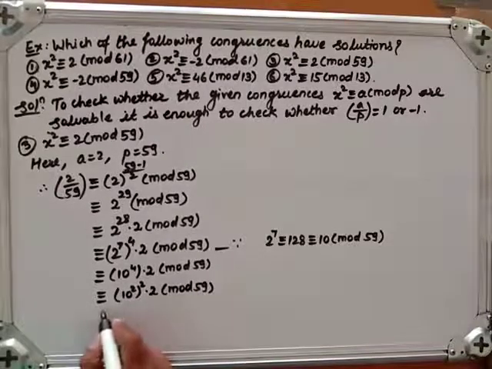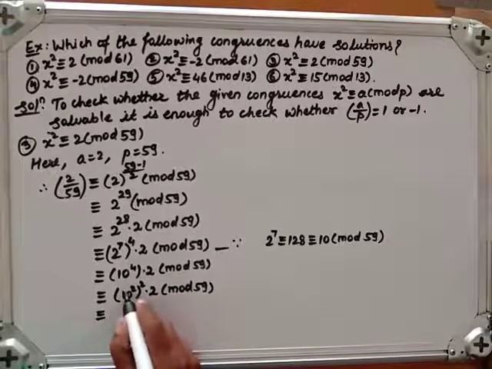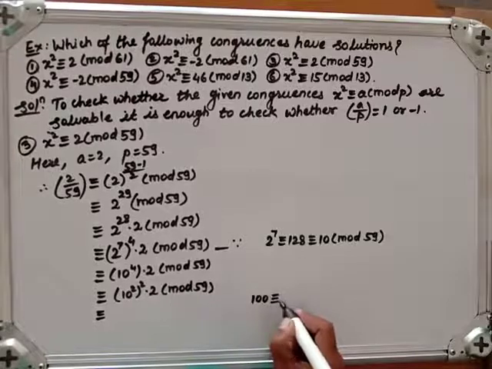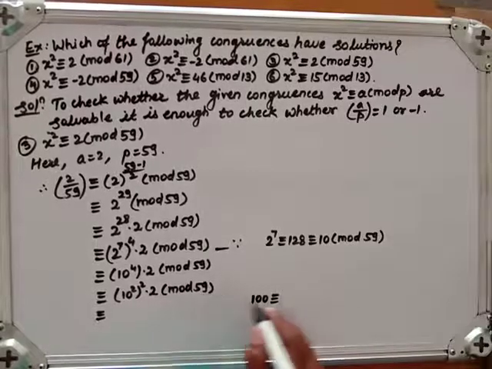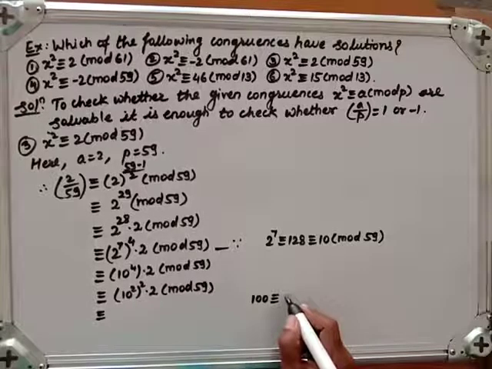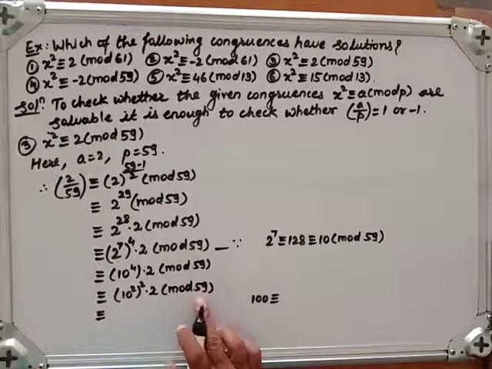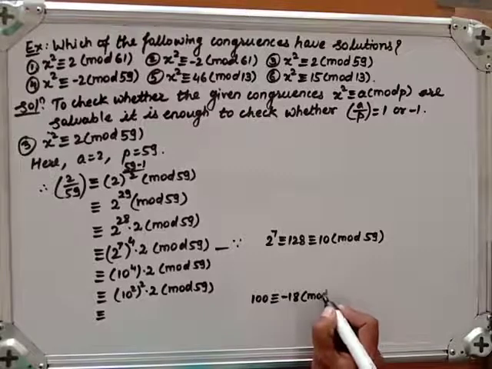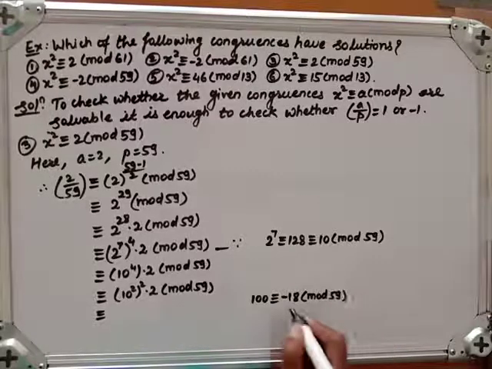Now that is 100, so 100 congruent to what modulo 59? 100 congruent to, or let me write, 100 congruent to minus 18 modulo 59. This can be written as such.